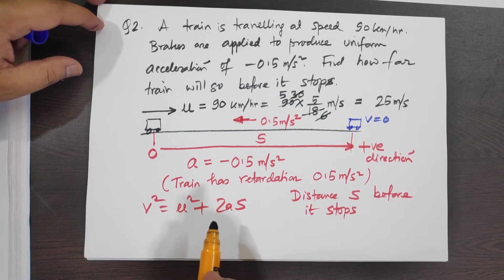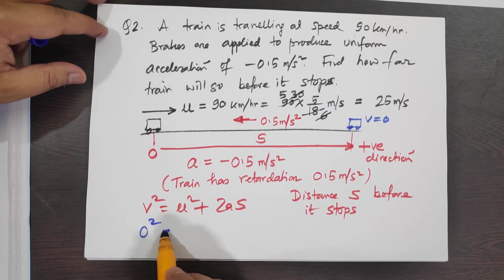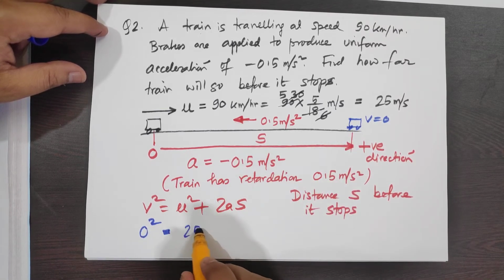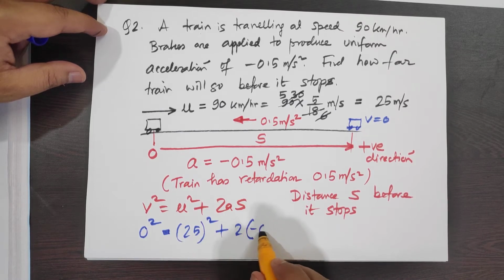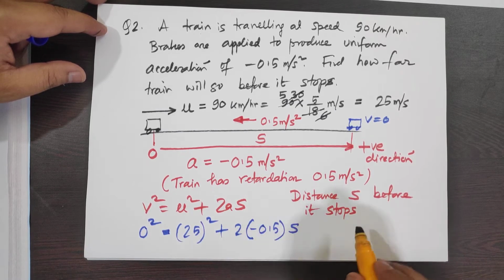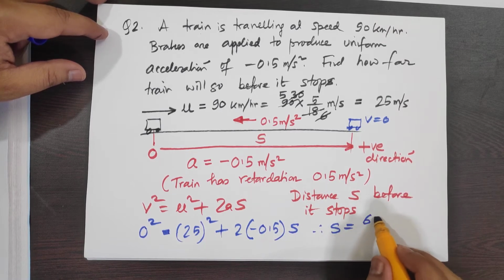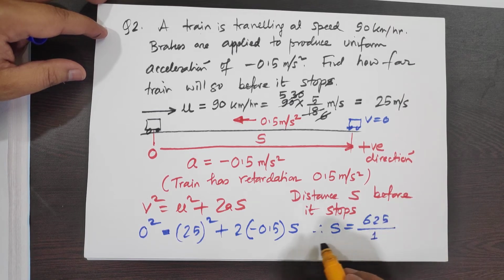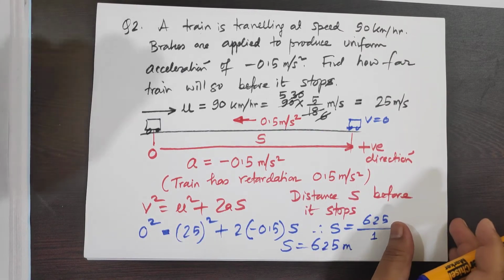So I am going to put 0 square is equal to 25 square plus 2 into minus 0.5 into s. Therefore s equal to how much? 25 square is 625 divided by 1, so s is 625 meters. So it moves a distance of 625 meter before it stops.